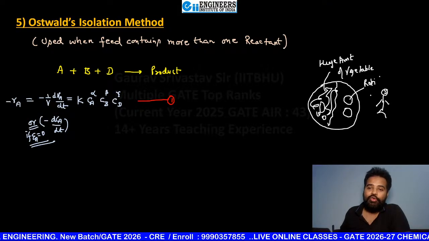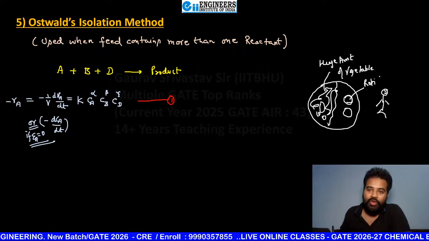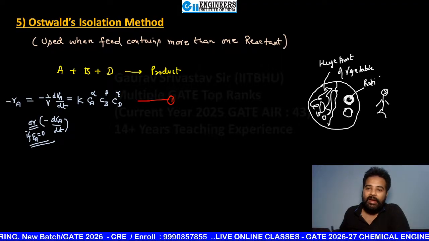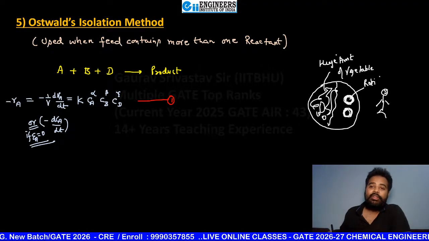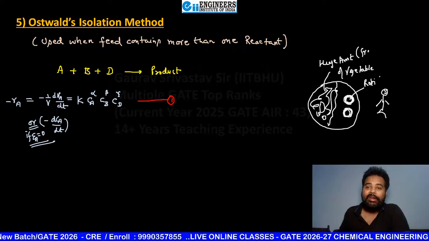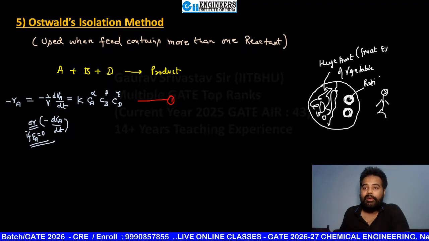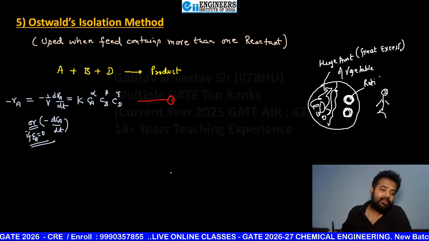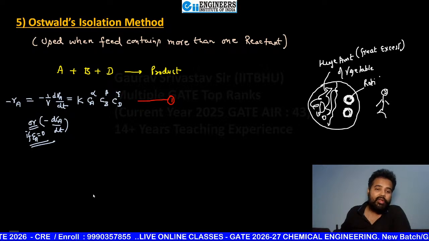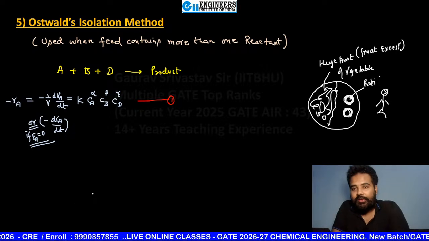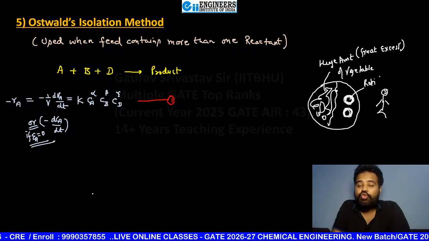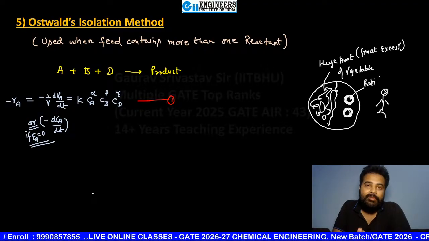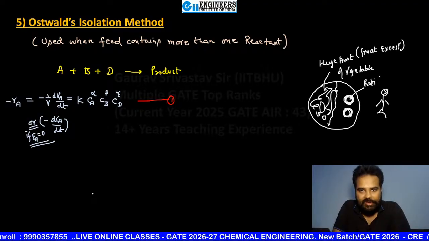It depends only upon the roti. That means this huge amount of vegetable is in great excess than the requirement. So clearly the amount of vegetable is not going to affect the rate of your taking the roti.